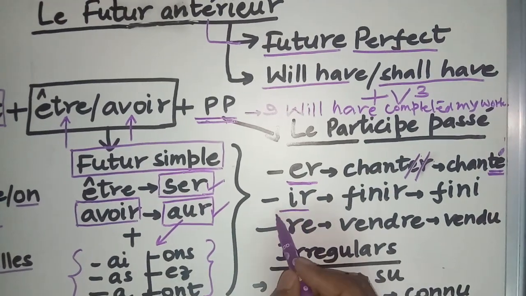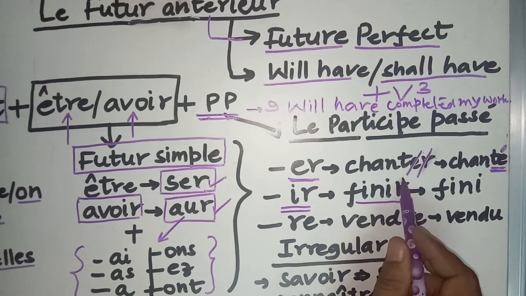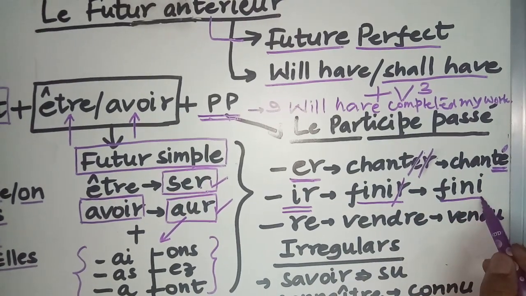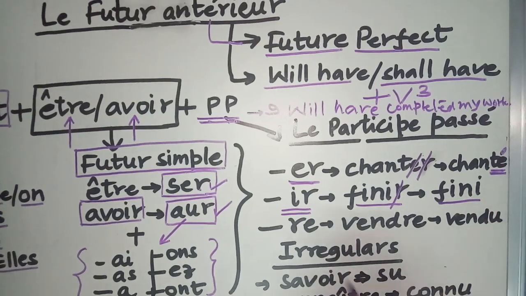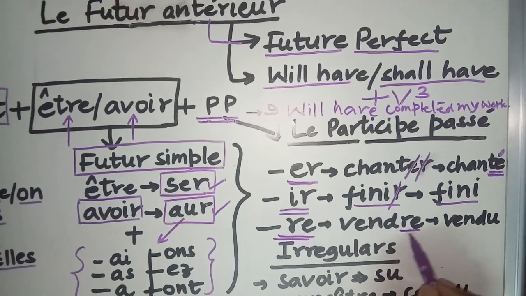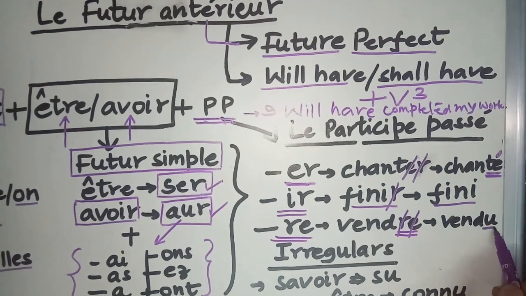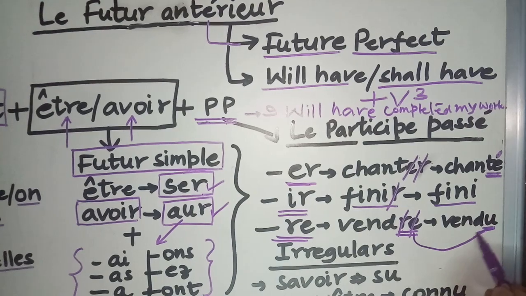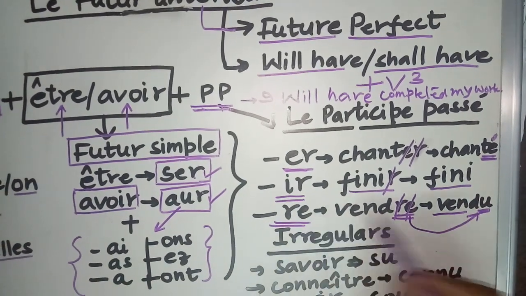For ir ending verbs, what you have to remember is that we drop just the final r. We drop the r and we get the participe passé form of an ir ending verb, like this for regular verbs: fini, fini. For re ending verbs, we drop r and e both, and we add u instead. At the place of that r and e, we add u. So vendu, this is the participe passé form of a re ending verb.